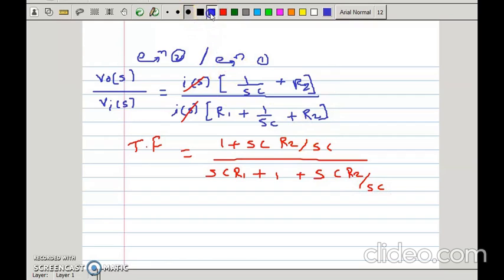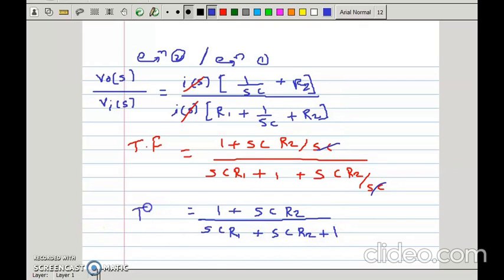Again same, SC and SC get cancelled here. For the remaining, 1 plus SCR2 divided by SCR1 plus SCR2 plus 1. This is the remaining here, right? So this is your transfer function.